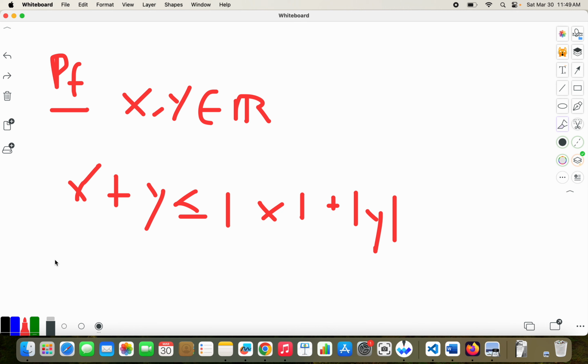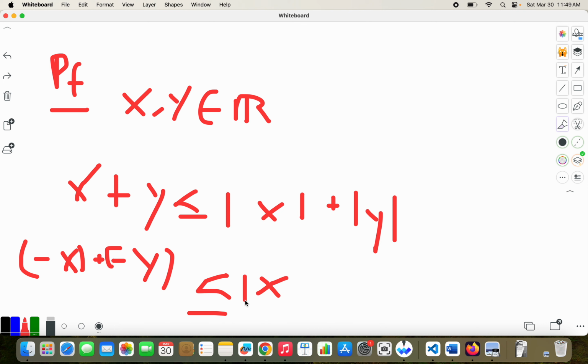And same situation over here. Negative x plus negative y is less than or equal to the absolute value of negative x plus negative y, or same thing over here.